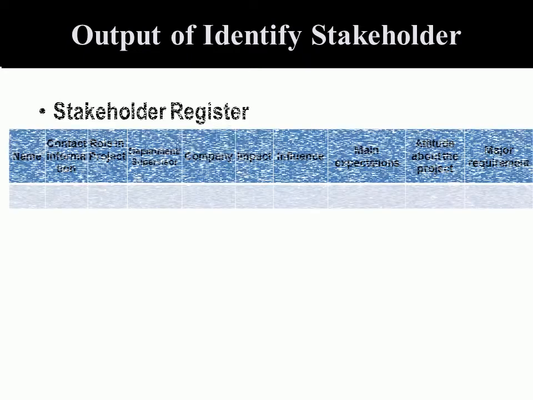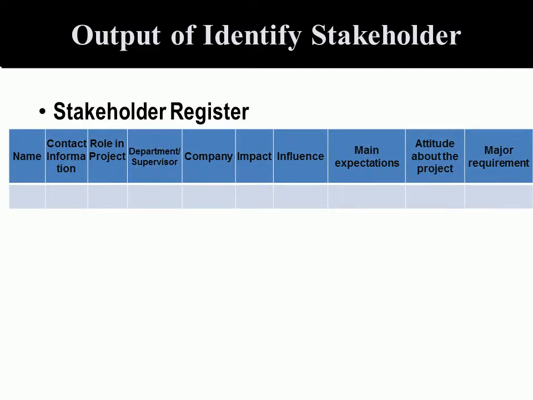The output for identify stakeholders is the stakeholder register. With the stakeholder register, you have the names of who the stakeholders are, their contact information, email address, role on the project, sponsor, project manager, manager of the user group, the department that they belong to.